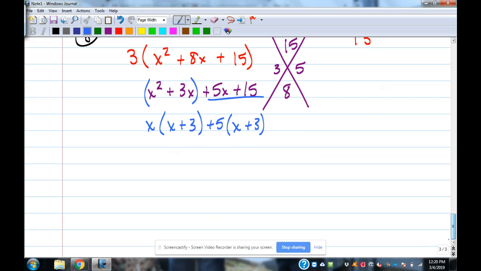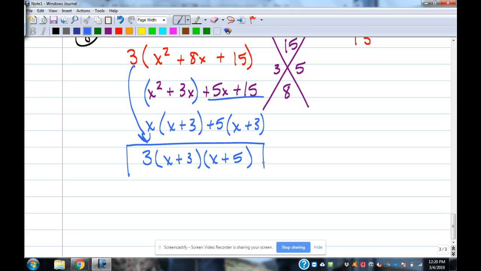Using x plus 3. X plus 3 and x plus 5. And then we've got to bring that 3 that we pulled out at the beginning down. It was the GCF from the beginning, so don't forget about those. They're part of the answer. Okay. So, not too bad.